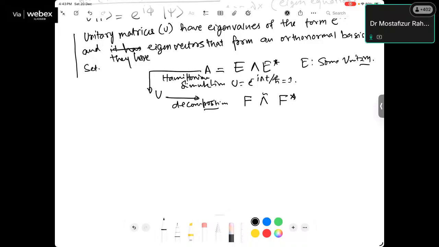Now this F matrix has column vectors, suppose F1, F2, and so on. They are all orthonormal, orthogonal to each other, with their norm equal to 1.